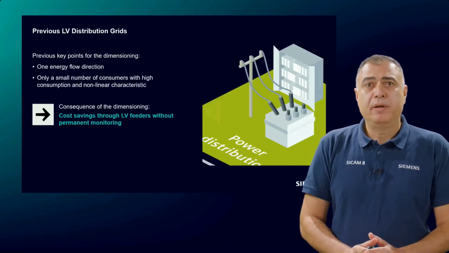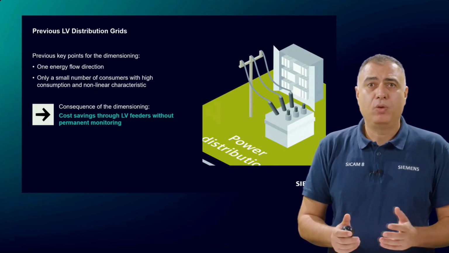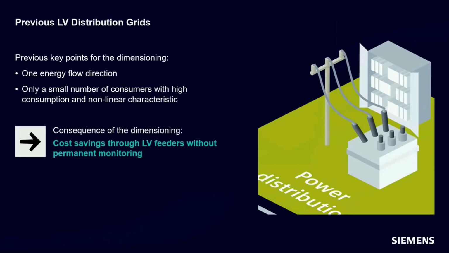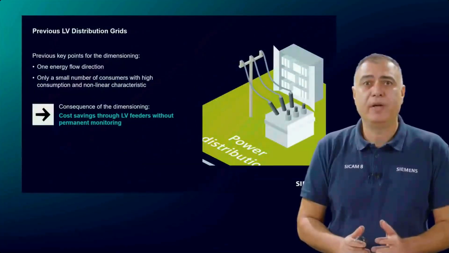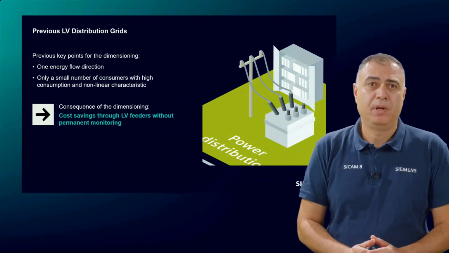At this point, please let me bring you back to the frame conditions that were common for low voltage distribution grids some years ago. Since there were no photovoltaic installations, there was only the power flow direction from the grid to the consumer.